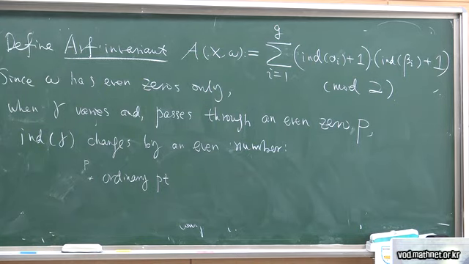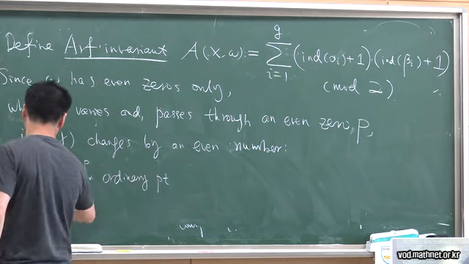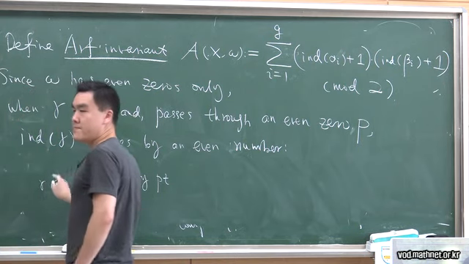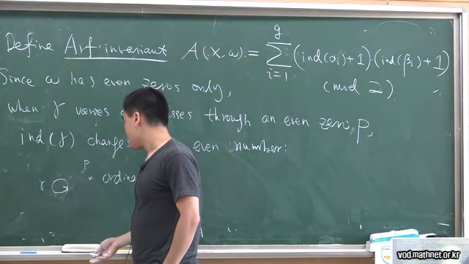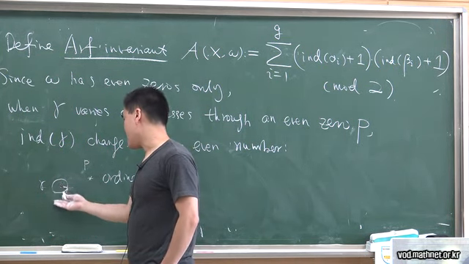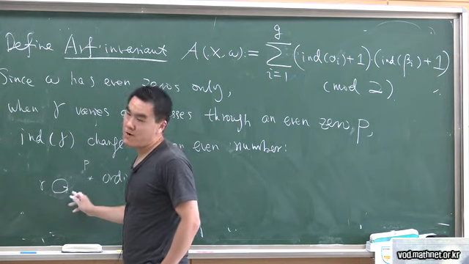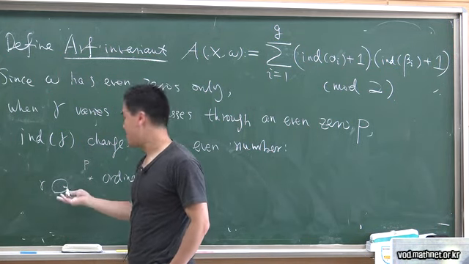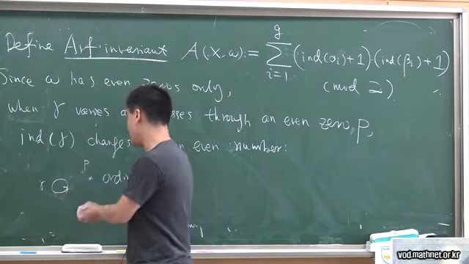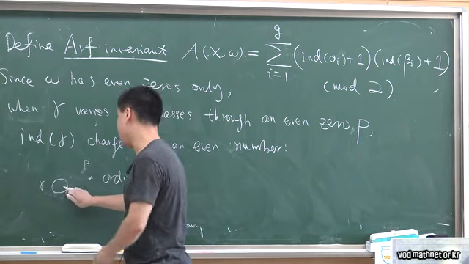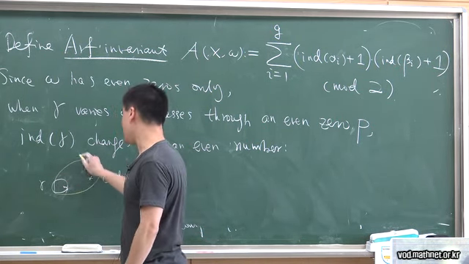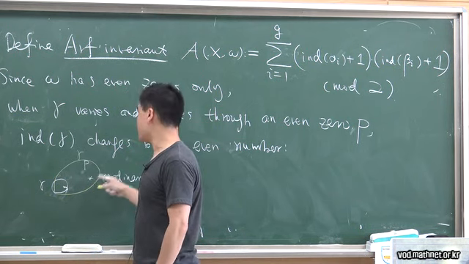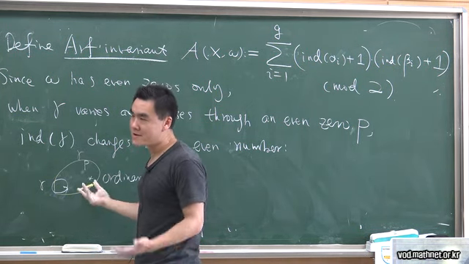Let's take a gamma here. In this picture, the index of gamma is just 1, that goes around it, just a unit circle. Now if I vary gamma through this ordinary point P, this is the new gamma, but still it's 1, right?